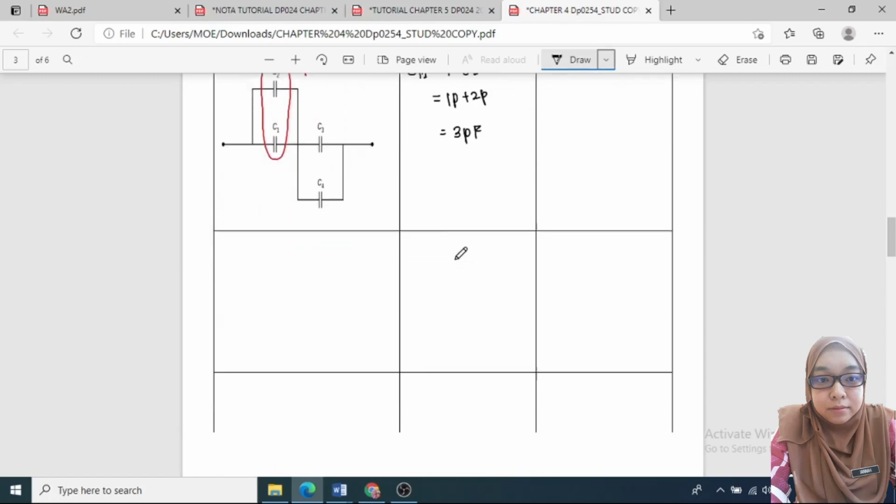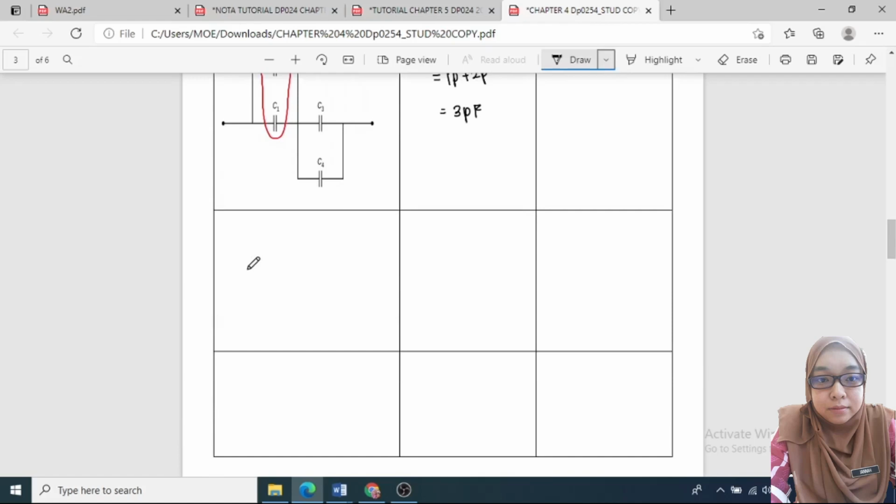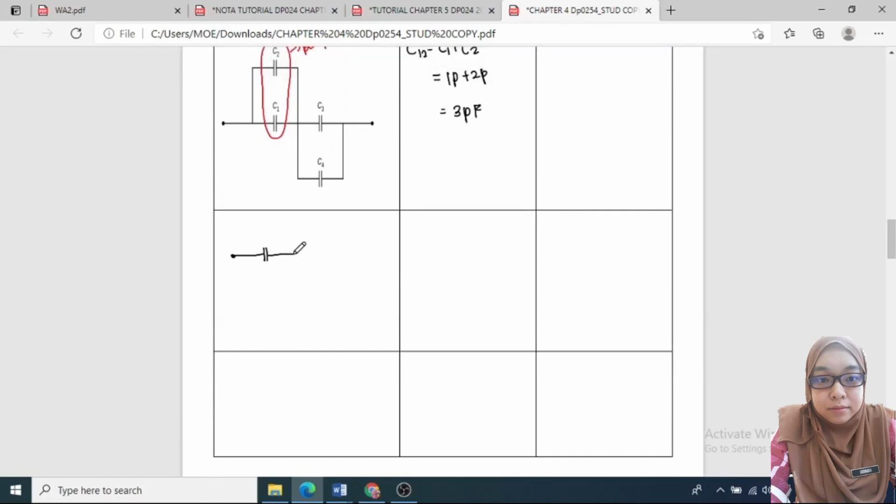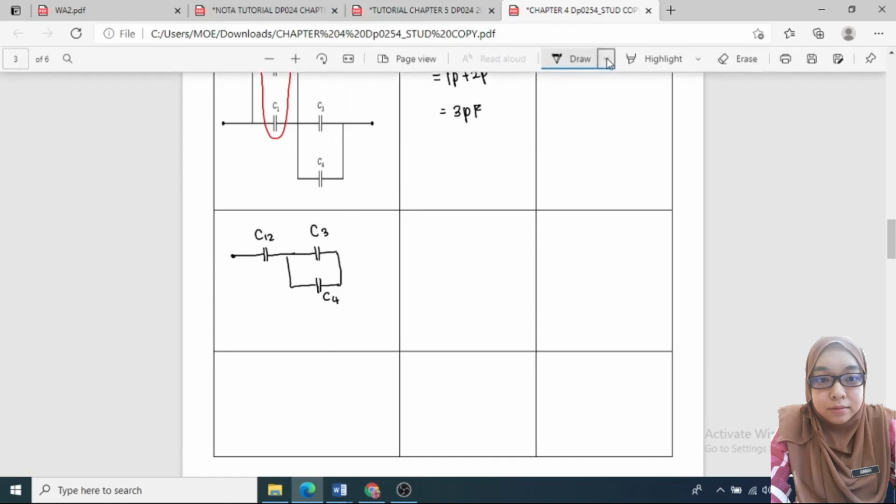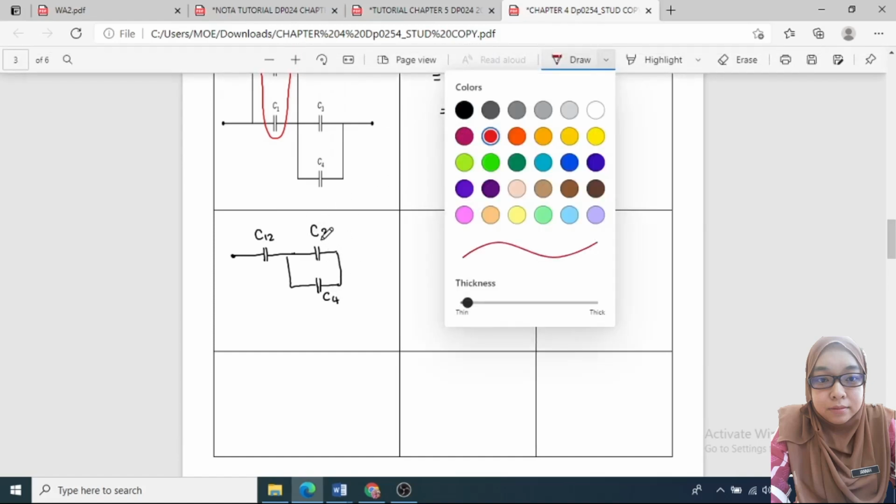And then we combine the diagram, so we will get the new diagram, and then we combine C34.